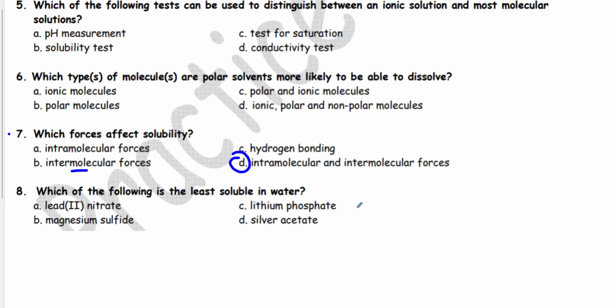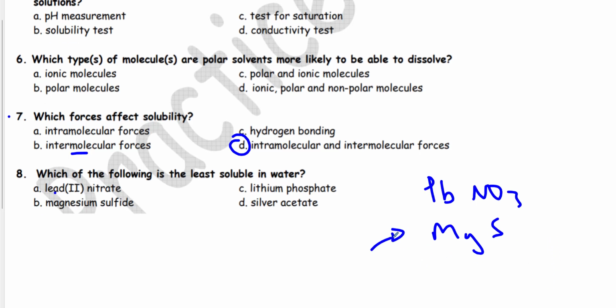Silver acetate, possibly. This one's a little bit harder. So okay, we have lead nitrate, which is Pb(NO3)2, right? We have magnesium sulfide, which is MgS. So it's probably not this one. This is pretty soluble, I would say, because it's ionic, like Mg2+ and S2-, right?